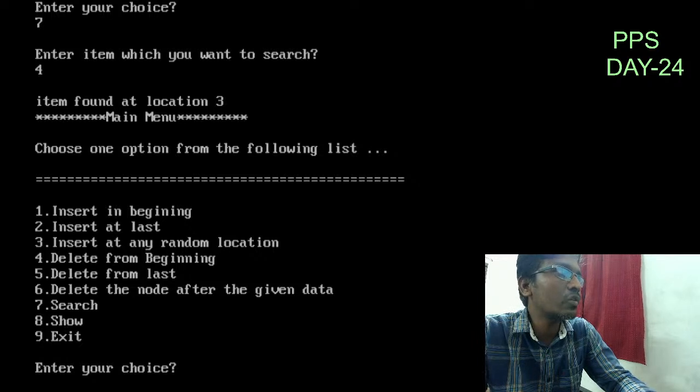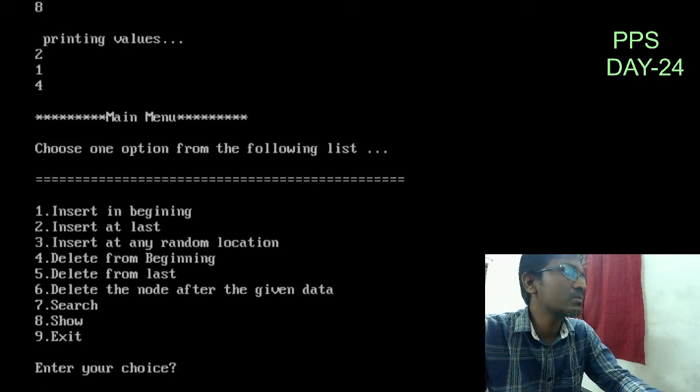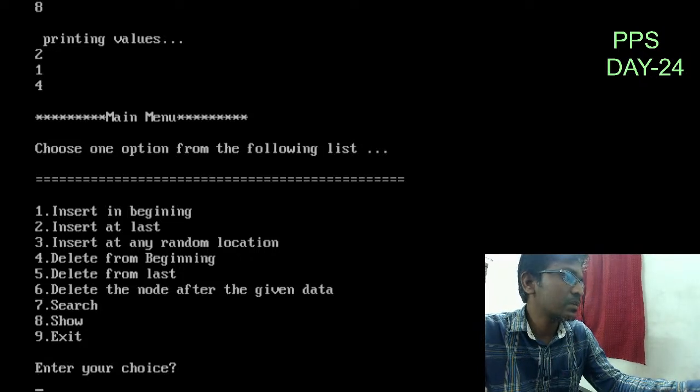So the 4 item is found at location 3. Okay, now clear what I am saying? After that searching is over, and for showing you can use option 8. So it contains 3 nodes, 2 1 4.